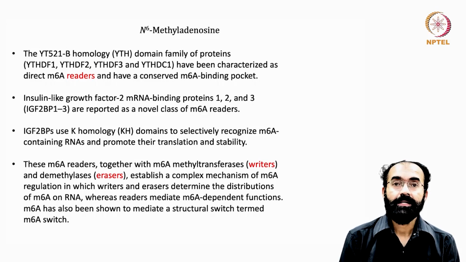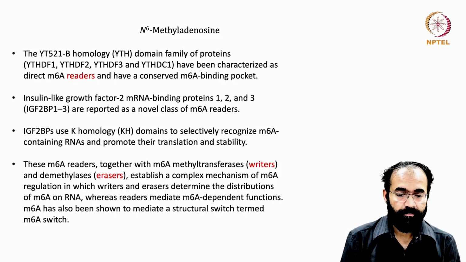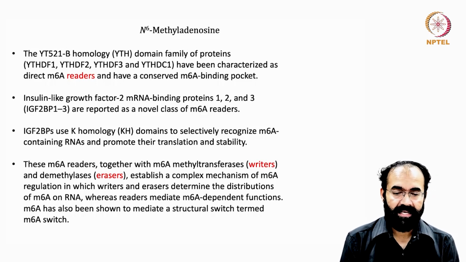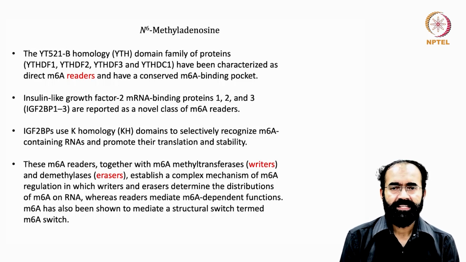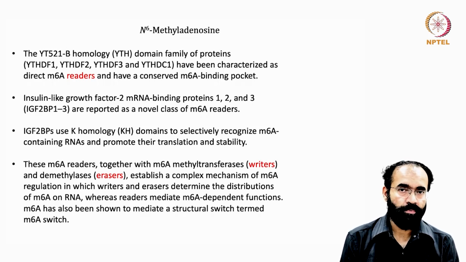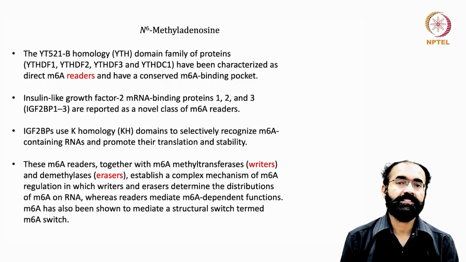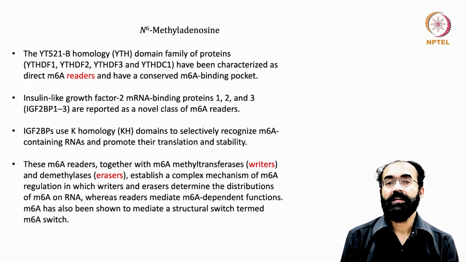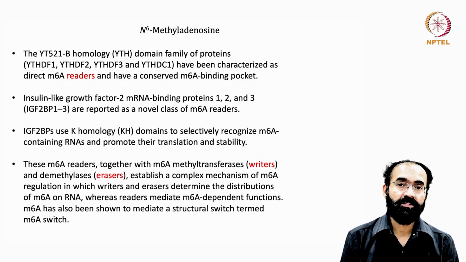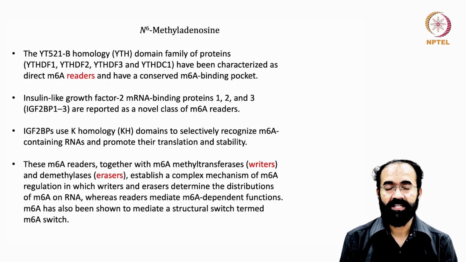IGF2BPs use K homology, that is KH domains, where K stands for lysine, H stands for histidine, to selectively recognize m6A containing RNAs and promote their translation and stability. In general, as a thumb rule, if an RNA has these m6A adenosine residues, it will be marked for translation and it will be marked for its stability.